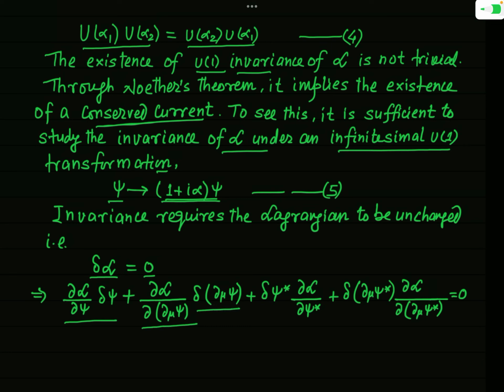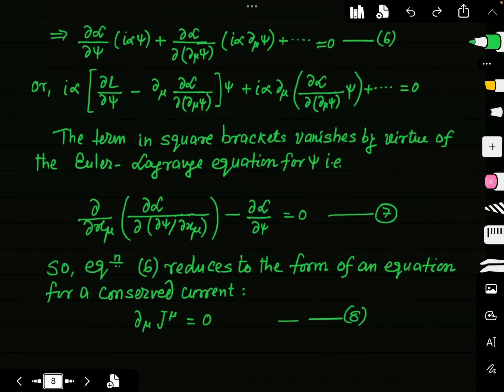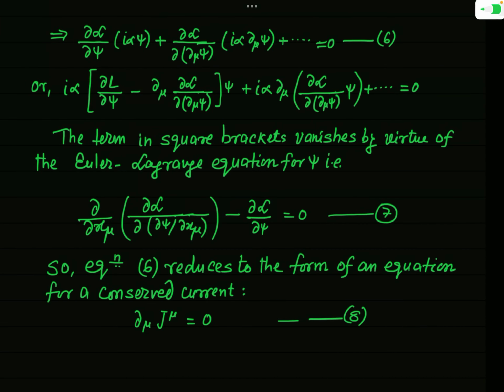This is just the product rule, plus del L by del psi star delta psi star plus delta del mu psi star times del L by del mu psi star, and that will be equal to 0. Okay, this you can do. This is just a simple differentiation by taking the rule of partial differentiation.